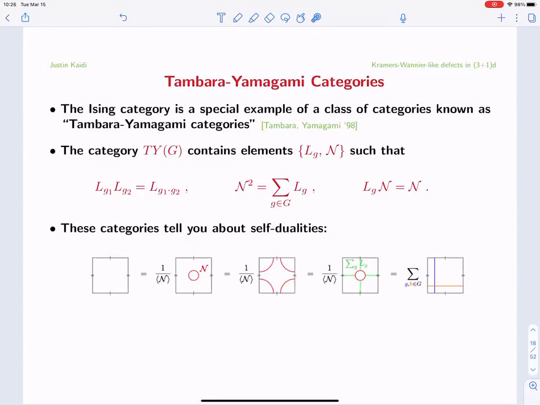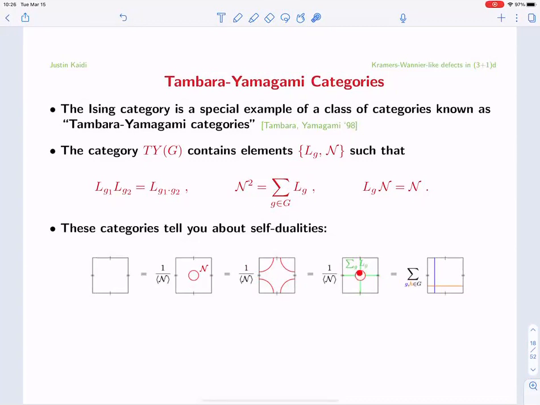And now what I can do is note that here I have an N and a second N here. So I can fuse these two together and use this fusion rule to replace that with this sum here over L_g, which is this green line. And I can do the same thing on all four sides.